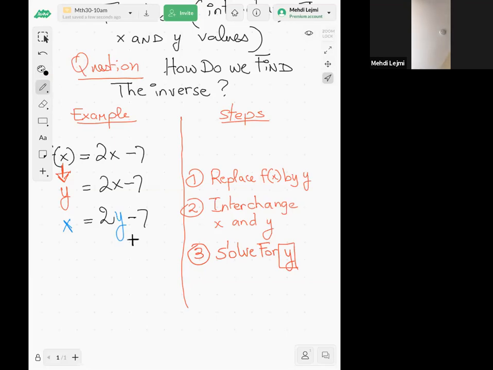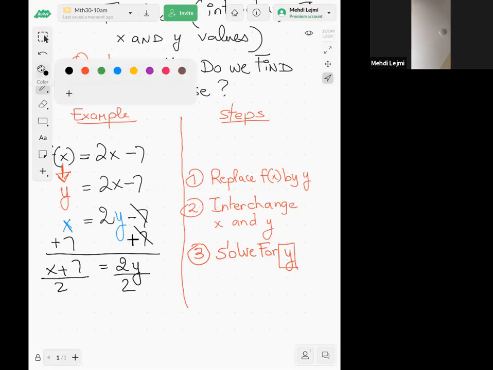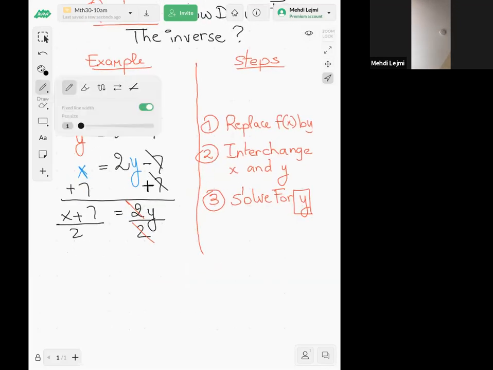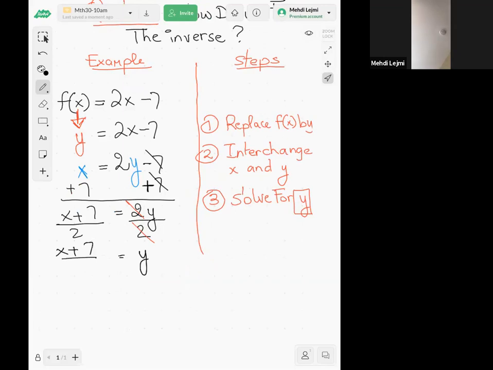Let's add 7 to both sides, so x plus 7 equals 2y. Then I'm going to divide both sides by 2, the whole left side by 2. My 2 here cancels out. So y is equal to x plus 7 over 2.